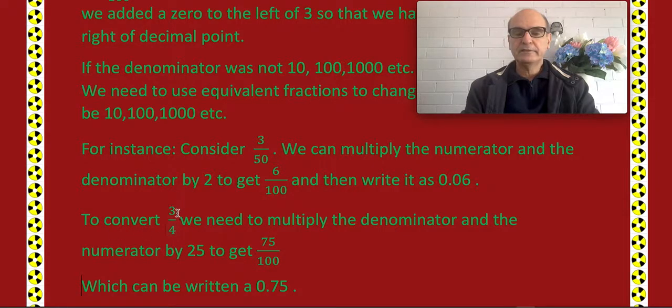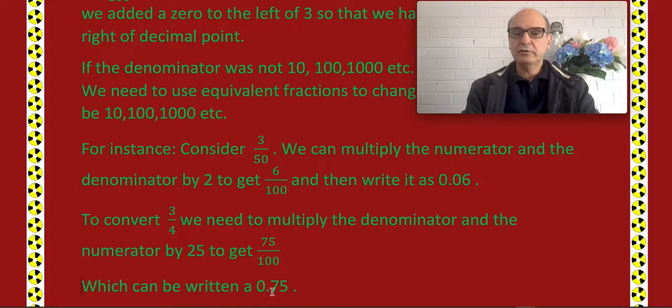Another example, let's look at 3/4. 3/4 can be turned into 100 by timesing by 25. If I times the bottom by 25, that becomes 100, but I have to times the top by 25. Always, to get equivalent fractions, you have to do the same thing to the top and the bottom. So 3 also needs to be times by 25. 3 times 25 gives me 75.